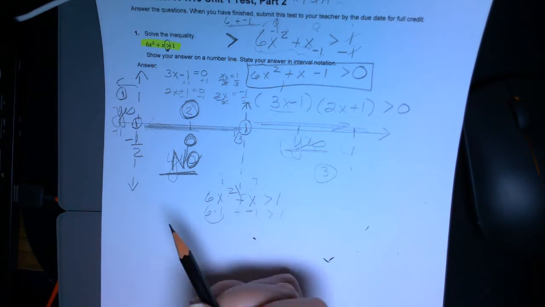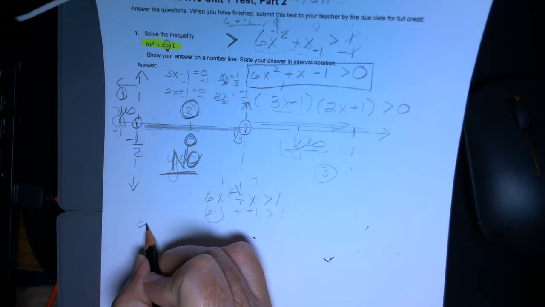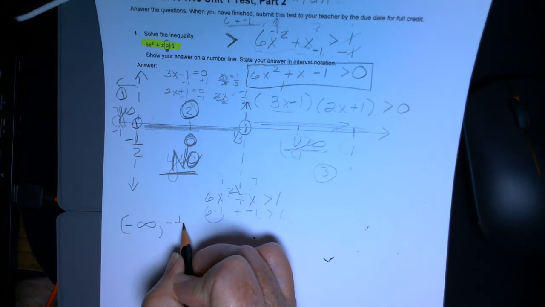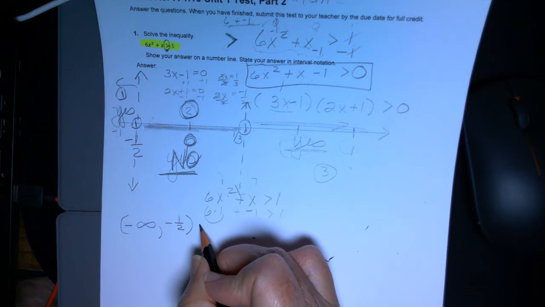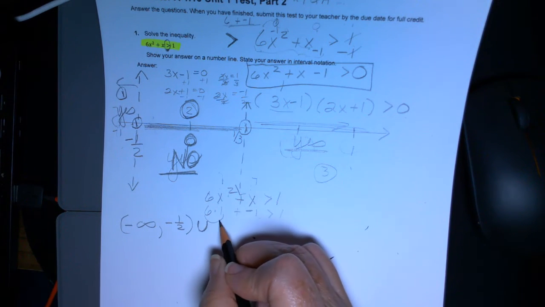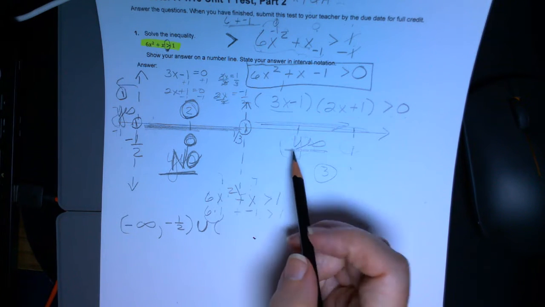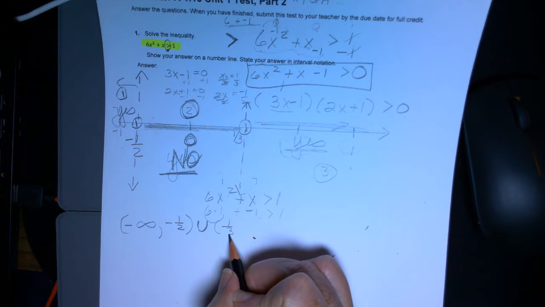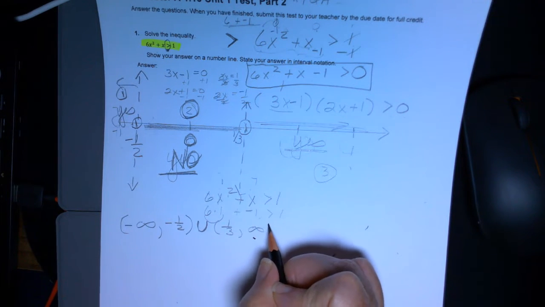The area to the left of -1/2, so from -infinity to -1/2, but not including -1/2. Use the union symbol, not the capital U. Then we're going to unite that with this section here from 1/3 to positive infinity.